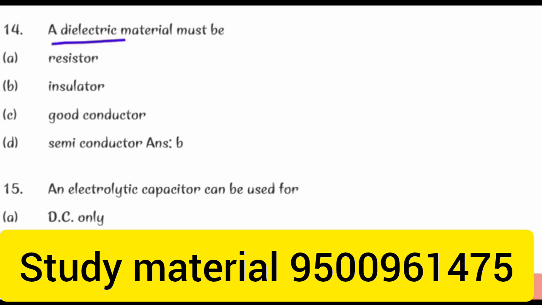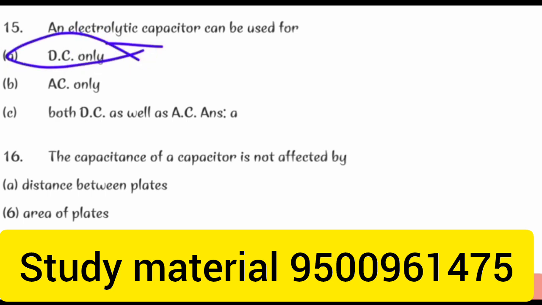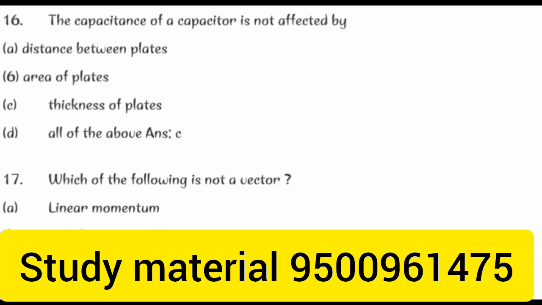A dielectric material must be an insulator. An electrolytic capacitor can be used for DC only. The capacitance of a capacitor is not affected by thickness of plates.